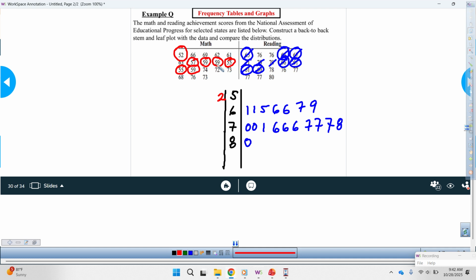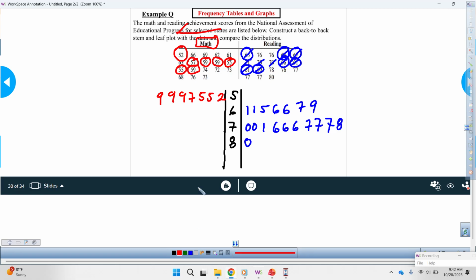Then we're going with 5, 2 of them. 7, and 3 9s. Yeah, because we're going to the left side for the math and to the right side for the reading. That's why we're doing a back-to-back.